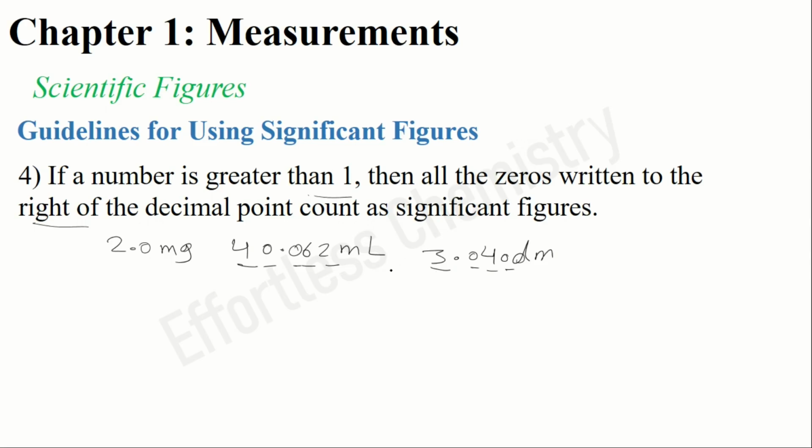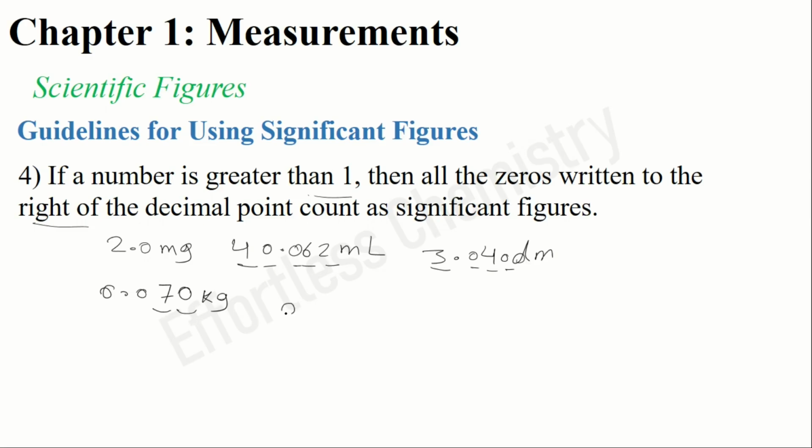If a number is less than 1, then only the zeros that are at the end of the number and the zeros that are between non-zero digits, as I mentioned earlier, are significant. This means that, for example, 0.070 kilograms has 2 significant figures, only 7 and 0 are meaningful.